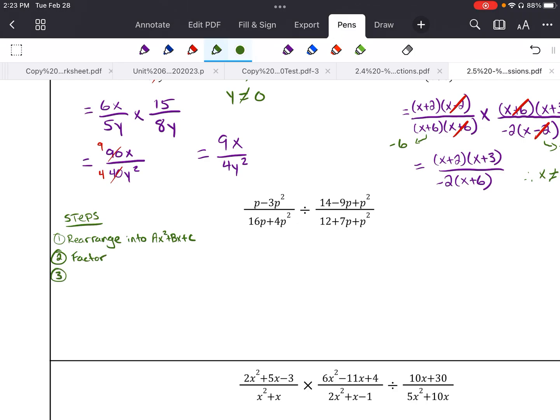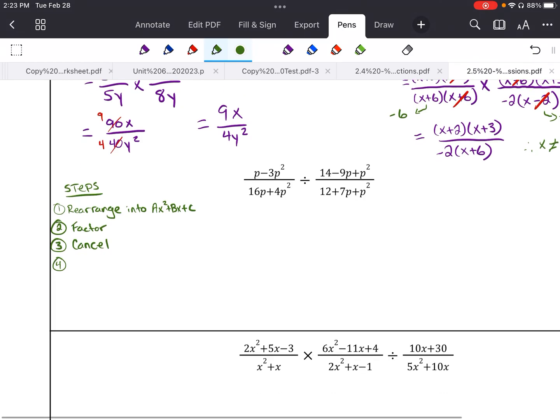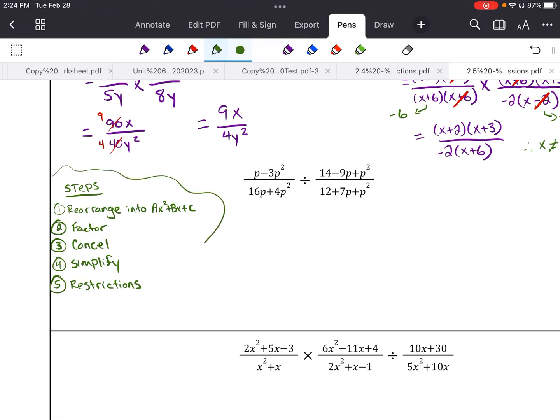Step 3 is to cancel, if you can. 4 is to simplify. And the last step, 5, are the restrictions. Good, so you're 5 steps.